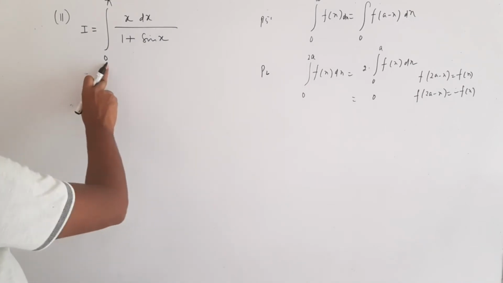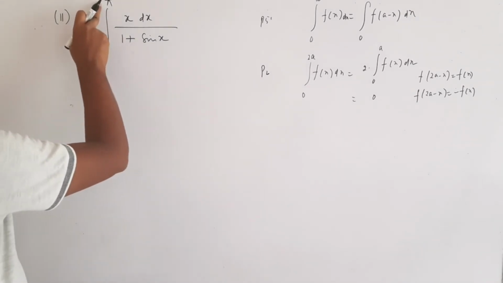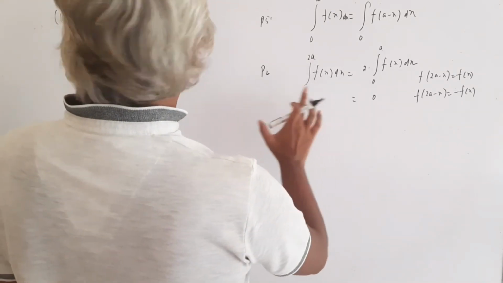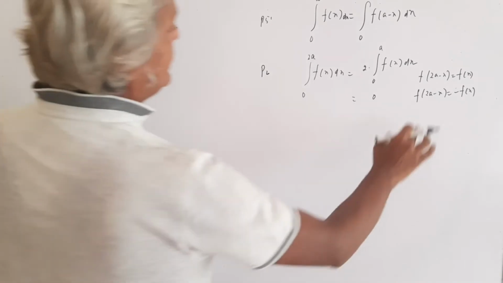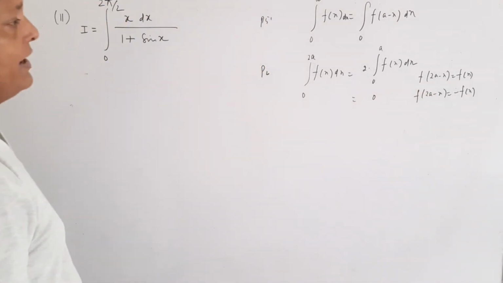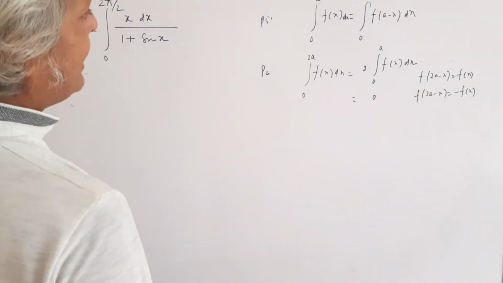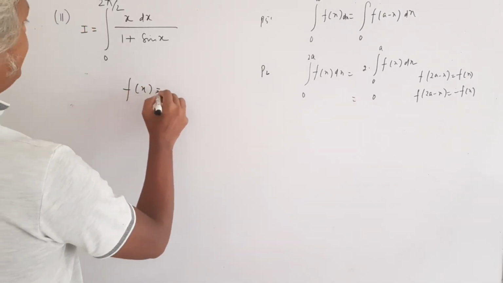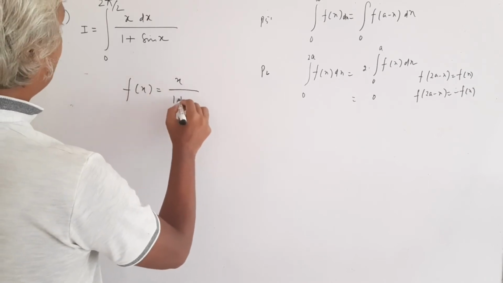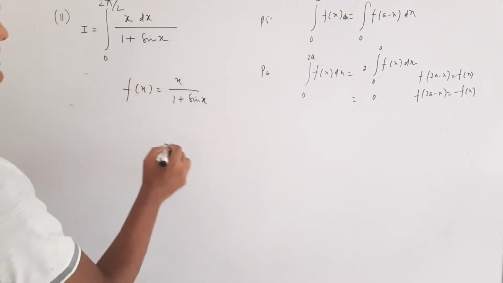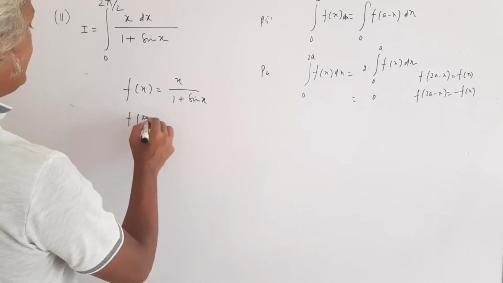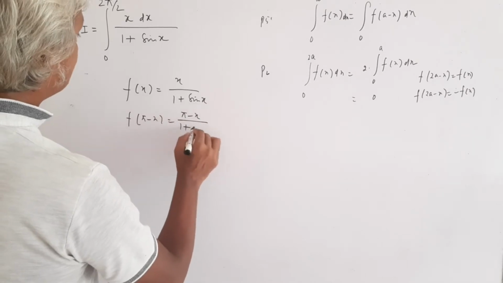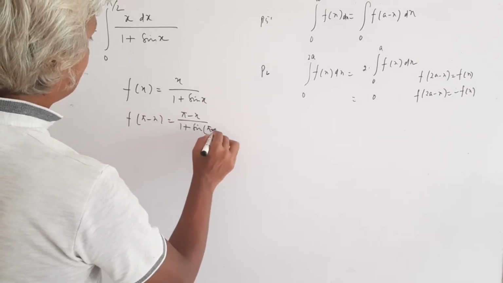So if I use this idea, 0 to 2 dot pi by 2, so that I can try to adjust whether this property can be applied, then you have to see f(2a minus x), meaning f(pi minus x), should be equal to f(x). So if I take my f(x) as x over 1 plus sin x, then f(pi minus x) will be pi minus x over 1 plus sin(pi minus x).